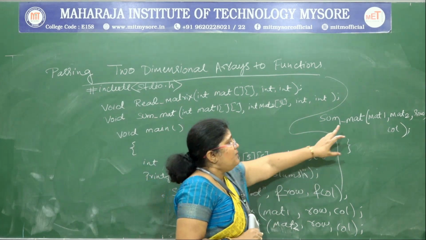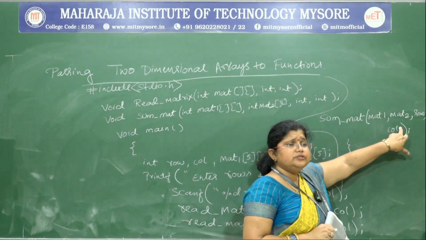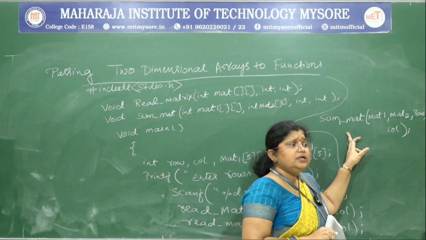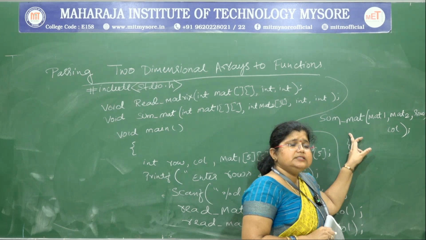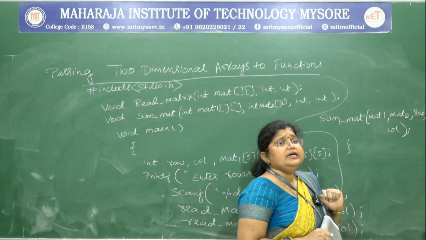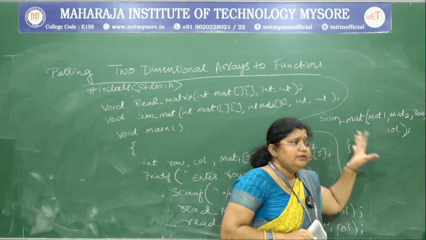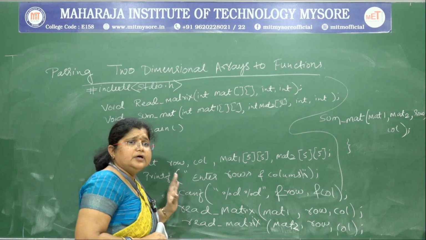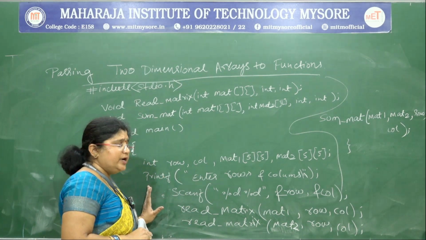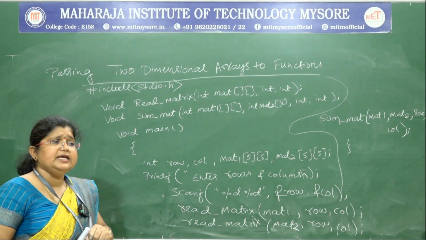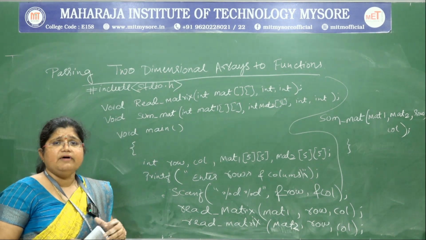By using mat1 values and mat2 values, we call the sum function. We pass the entire matrix 1 and matrix 2 to the sum function and calculate the sum. Now, this is the entire picture of the main program. Now, let us look at these two functions, how they access the matrix elements and calculate the value.